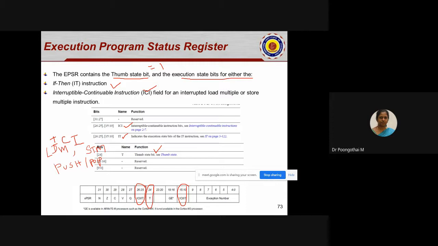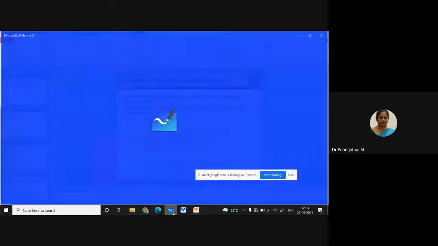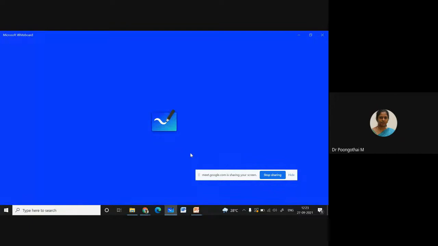So LDM is the load multiple instruction. STM is the store multiple instruction.